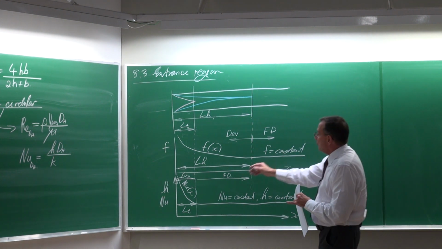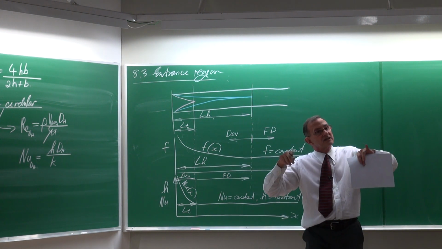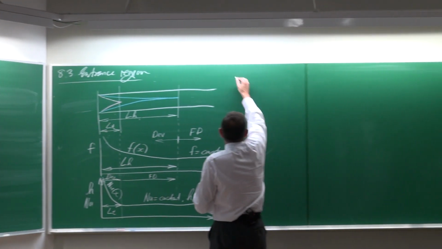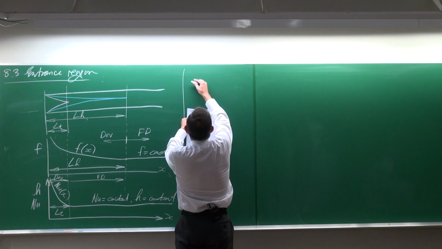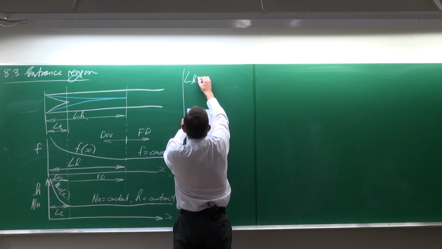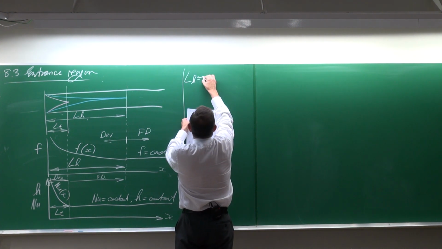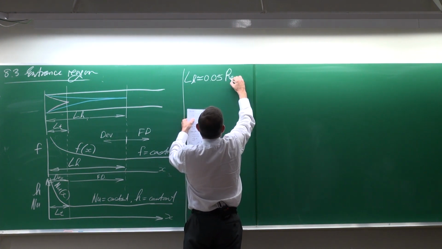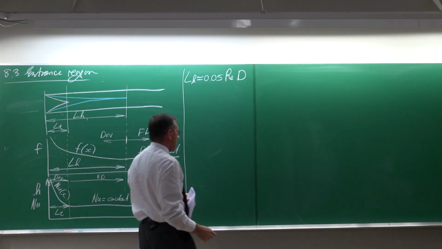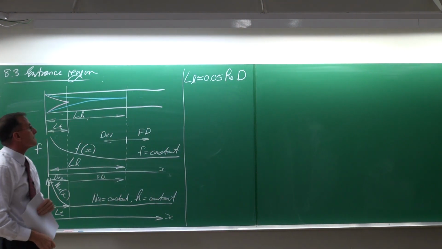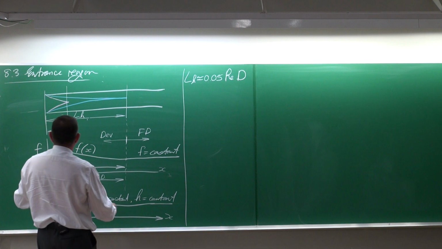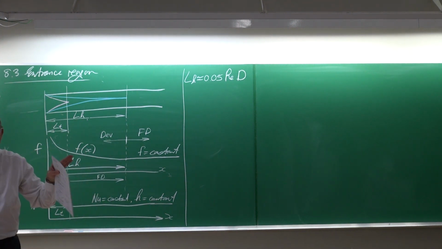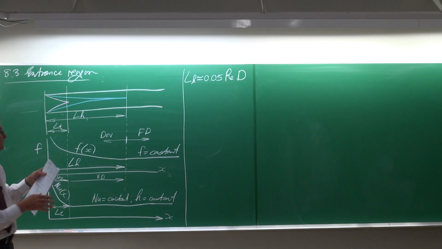Now, it is very important for us to know how long the flow takes to be fully developed. Equations have been developed for it, and you should know this one. LH is approximately equal to 0.05 multiplied by the Reynolds number multiplied by the diameter. LH is that length for the velocity boundary layers to get fully developed.